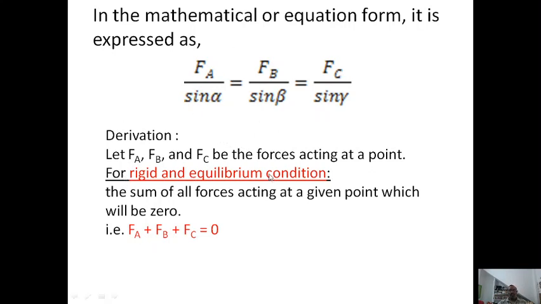The derivation looks like this, by adopting the resultant equilibrium condition. What is the resultant equilibrium condition? Fa plus Fb plus Fc should be equal to 0 in terms of vectors. It is not a simple addition; it is vector addition.